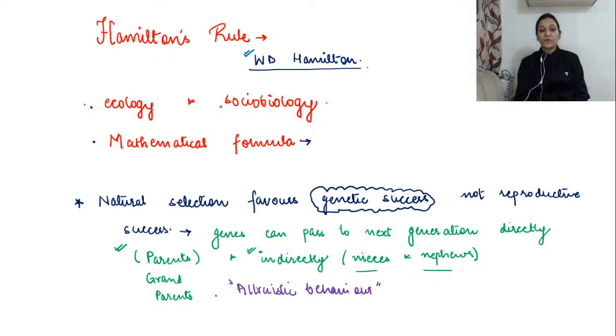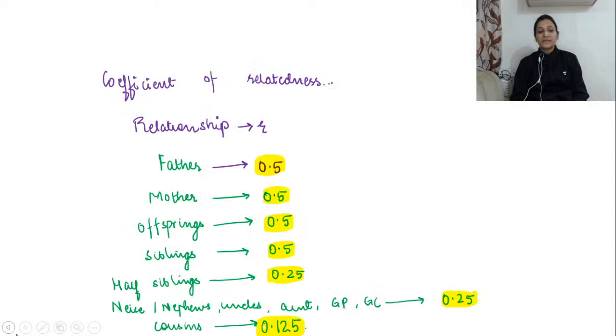It's a mathematical formula, and it says that natural selection favors the genetic success and not only the reproductive success, and it is usually followed by relatives, and it is the altruistic behavior directly by parents and grandparents, and indirectly by taking care of nieces and nephews.